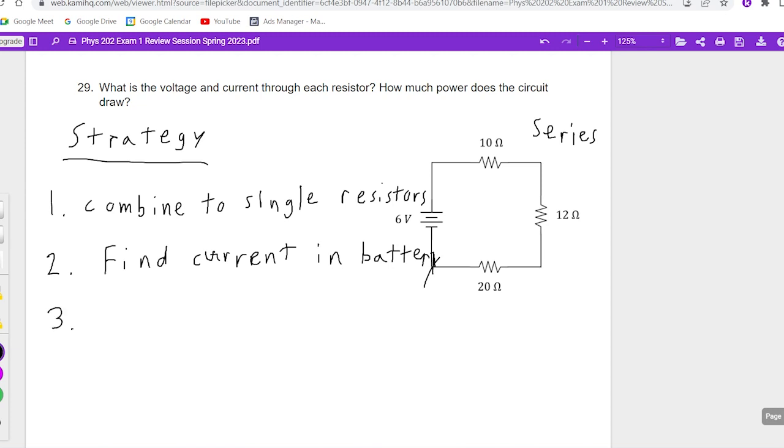Step 3, we're going to use Ohm's law. And again, like we said before, we have Ohm's law for the individual resistors and the whole circuit. Step 3, Ohm's law for individual resistors. And in this case, we have 3 individual resistors, so we're going to use that 3 times.